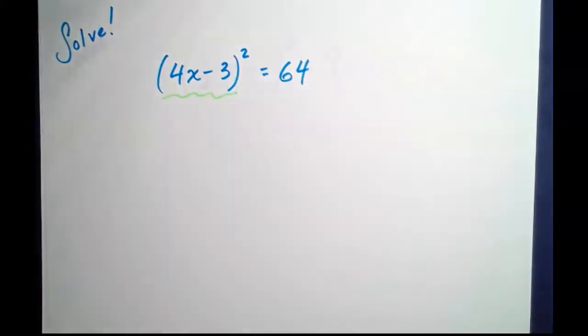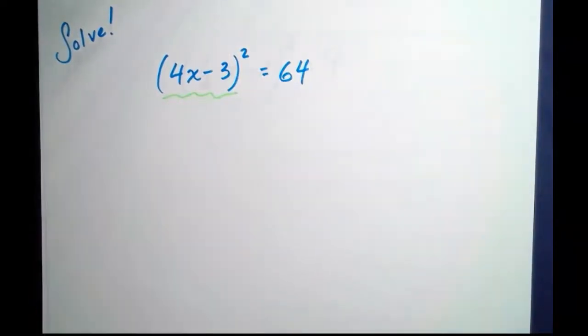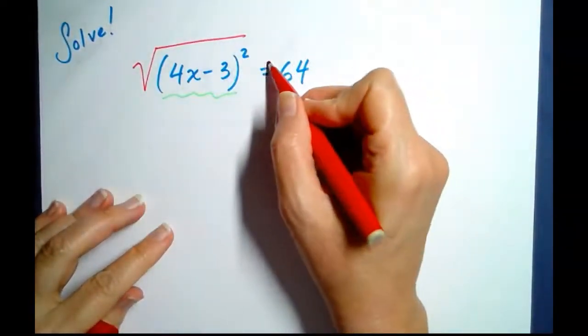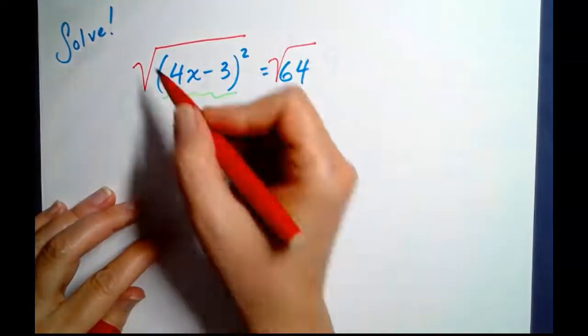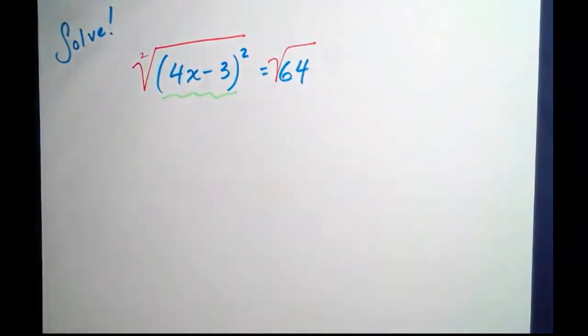Next, same situation. Gonna move faster. Already showing you the squared term. Once again, it's a quantity. We're gonna undo the squared term by taking the square root of both sides. The square root and the square are inverse operations.